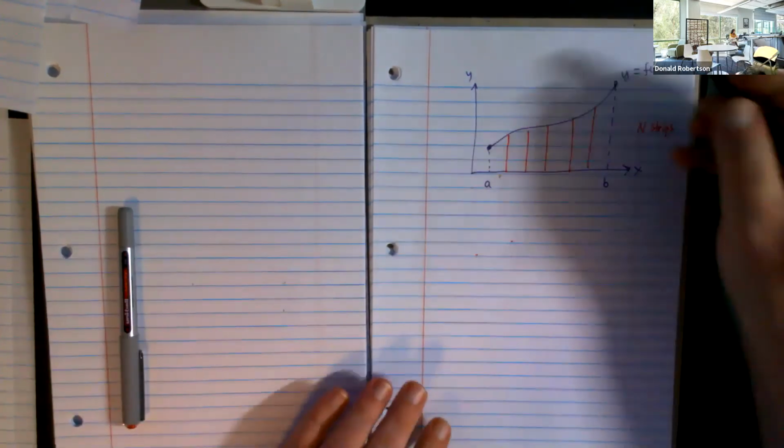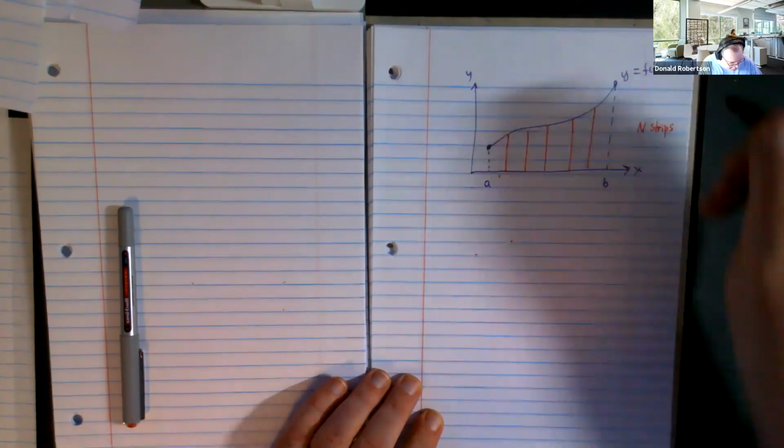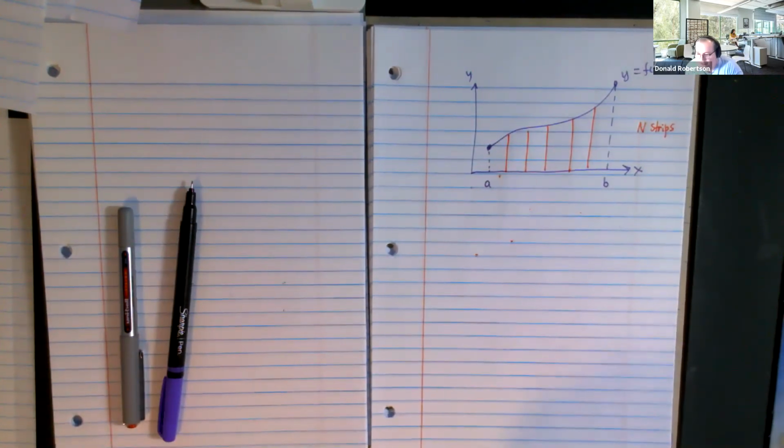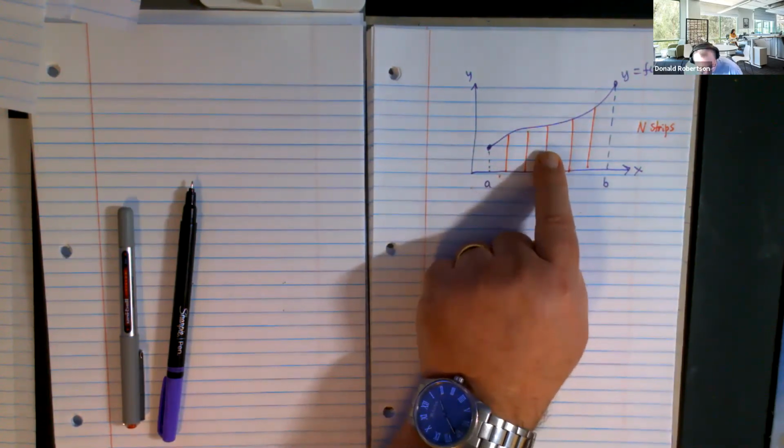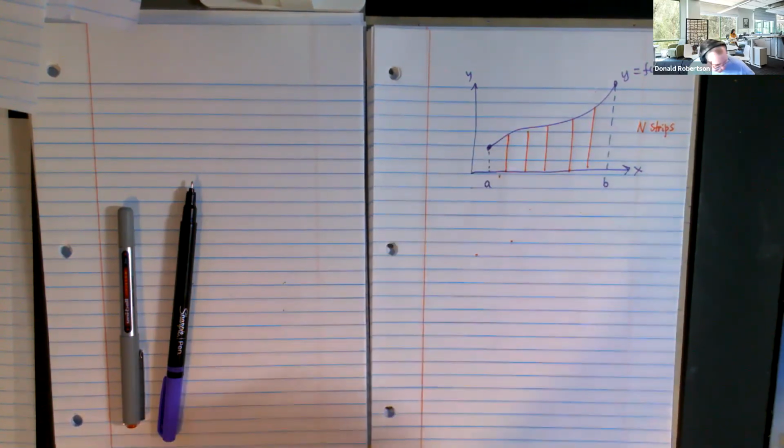So do you see here, everything is general. I'm not telling you who f of x is. I'm not telling you what number A or B is. I'm not even telling you what number n is. What we're going to do is construct what the process would be to find Rn, right? The right-hand side with n strips.